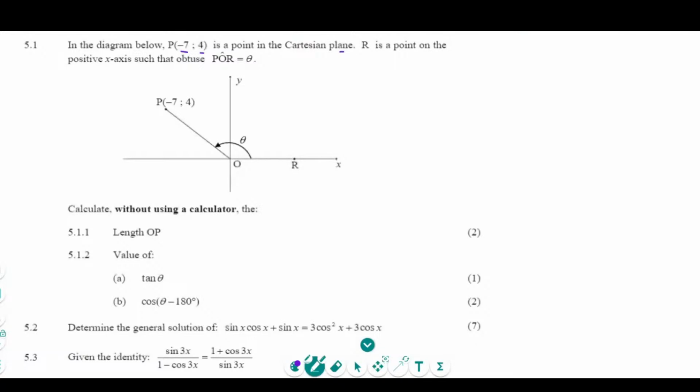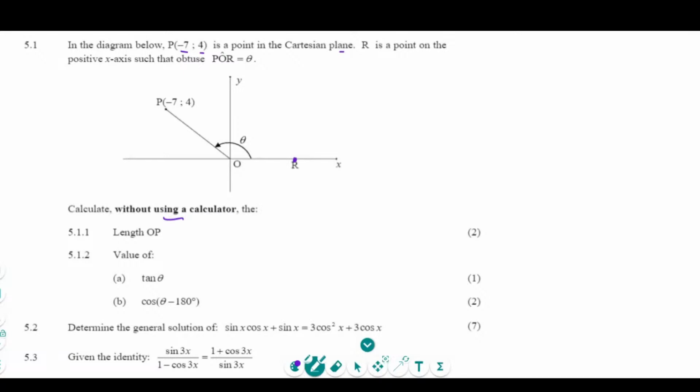R is a point on the positive x-axis, such that the angle POR is theta. Then calculate without using a calculator. In such questions, we don't need a calculator. They want us to find the length of OP.